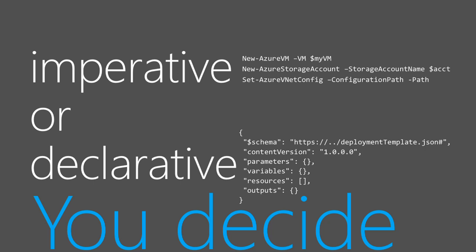In addition, there are a lot of things that make no sense to do declaratively, like restart a VM. How do I declare restarting a VM? It just doesn't make sense. So we support both imperative and declarative, and we do foresee that you will still use imperative APIs and operations for your day-to-day administration of your services.